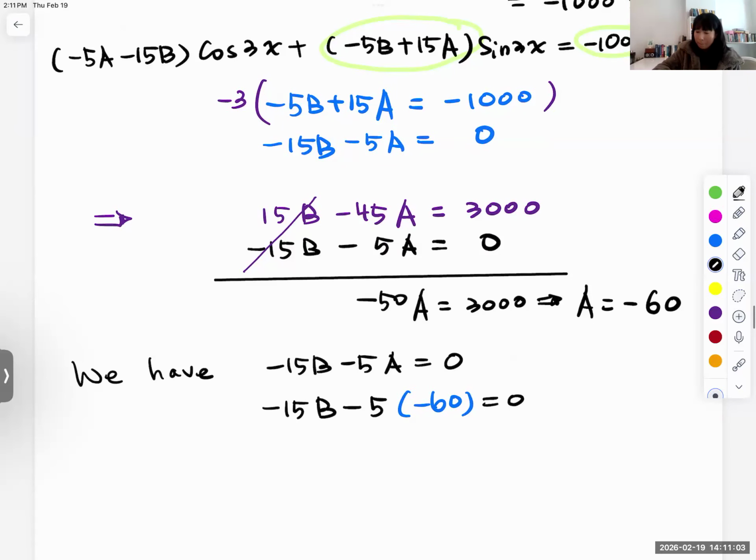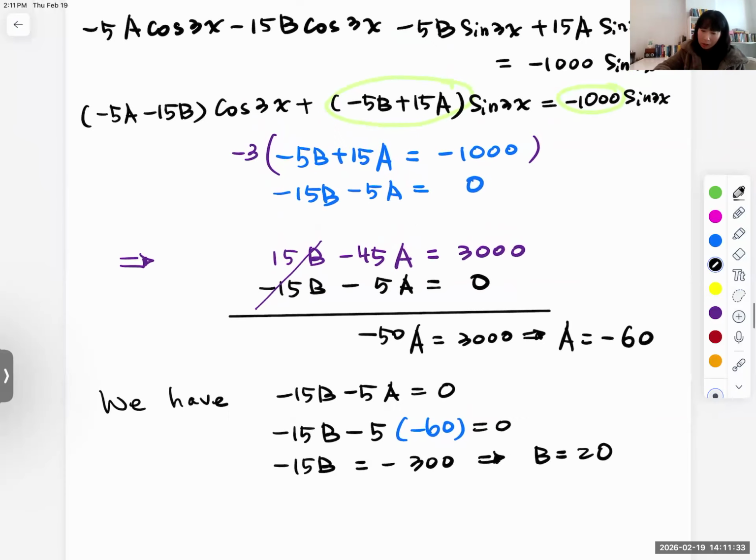What do you get? So negative 15b equal to negative 300. So B equal to, what do we have? 20? Very good.